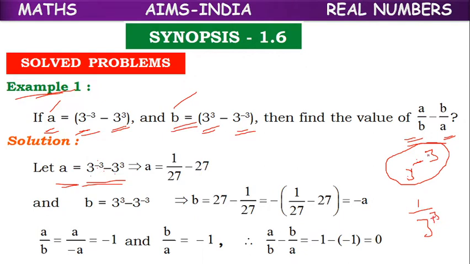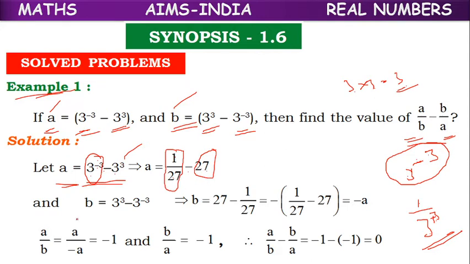So 3 power minus 3 can be written as 1 by 3 cube. 3 cube how much? 3 into 3 into 3. 3 3s are 9, 9 3 times 27. So 3 power minus 3 equals 1 by 27, and 3 cube equals 27. Means a is 1 by 27 minus 27.